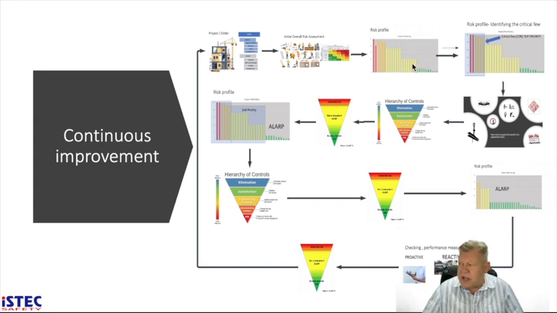We can sort them and we will get a risk profile. In that risk profile, we will identify a lot of risks that have got a very high risk rating, and they are the ones that will cause our serious injuries, fatalities.